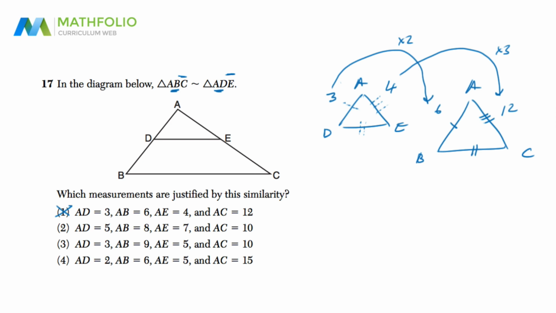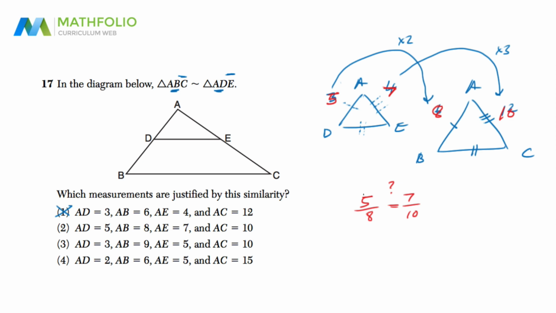I'm going to change the color, go to red here. So here it says AD is 5 and AB is 8, and then we'll also know AE is 7 and AC is 10. So here we can't see exactly how we multiply, but we can do 5 compares with 8 as 7 compares with 10. And we're going to check, are these two fractions equal?